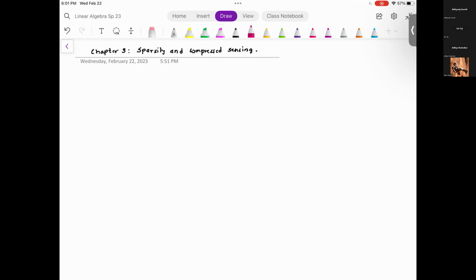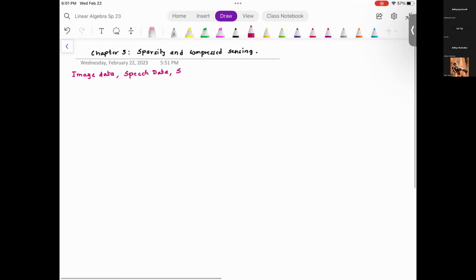So when we look at natural data sets like image data or speech data or communications signals data, this data has a lot of sparsity.